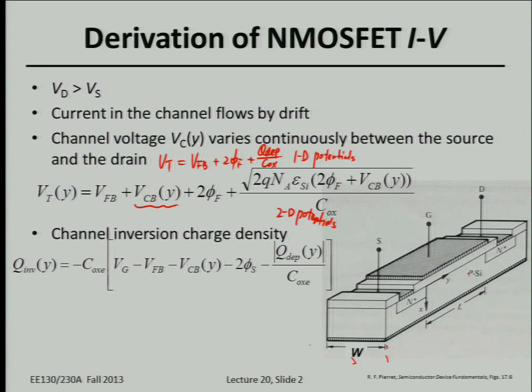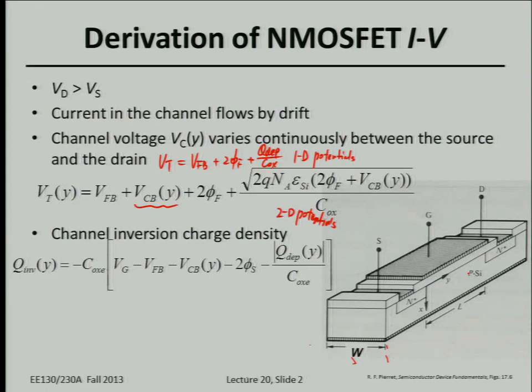If you look into the source end, the channel region very close to the source terminal, then the potential here, the VCB, is still going to be zero, right? Because once you ground the source, you only generate a voltage difference from the drain to the source. Very close to your ground terminal, it's going to be zero.